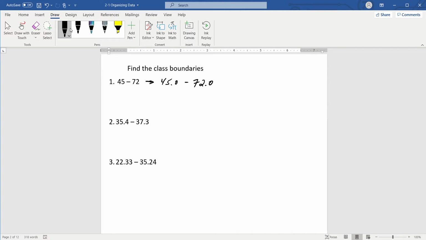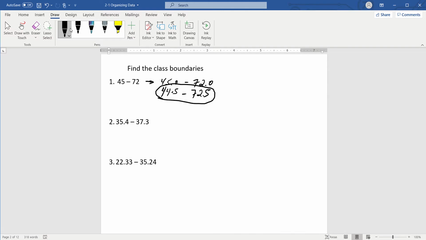Subtract is always on the left for low, add is always on the right for the high. So I will subtract 5 from this 0 place, which would cause me to have to borrow. So that would give me 44.5. Add is always easy because you're just adding on. And here would be the boundaries, 44.5 to 72.5.